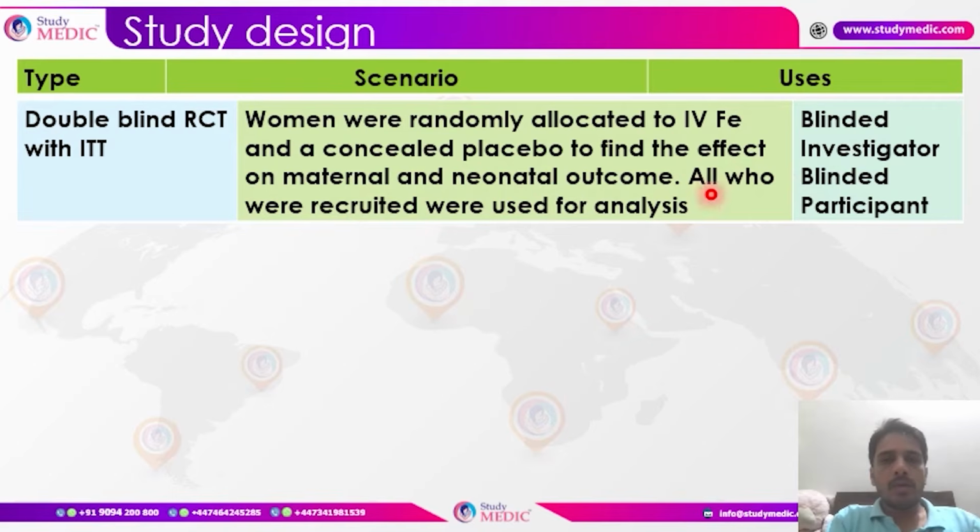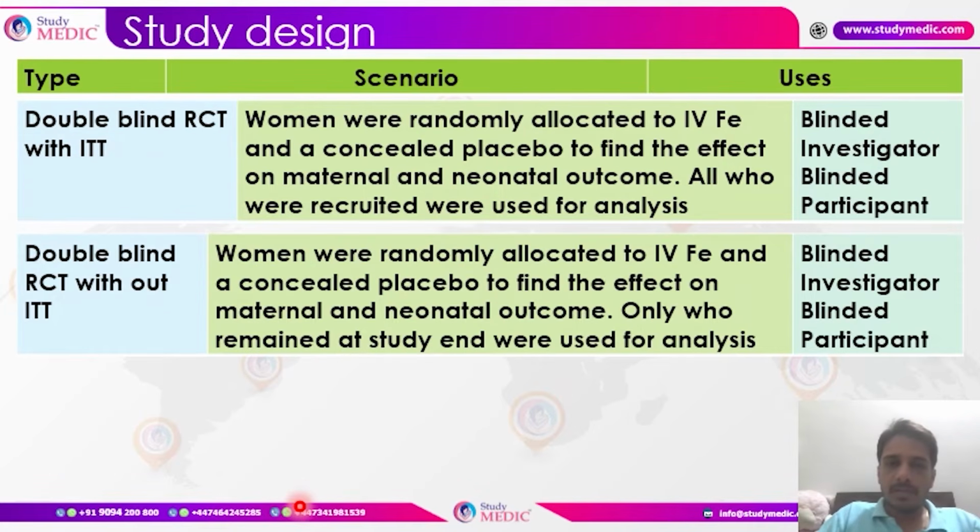And all those who were recruited were used for analysis, including those lost to follow-up, those who crossed over, or those who did not comply, whoever was there. This type of study is called a double-blind RCT with intention to treat.